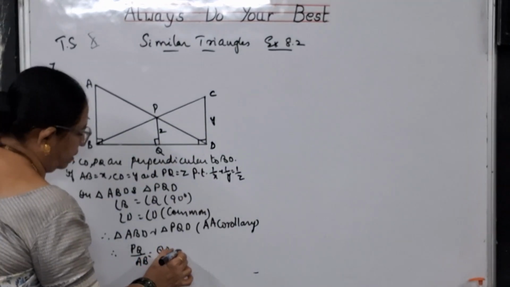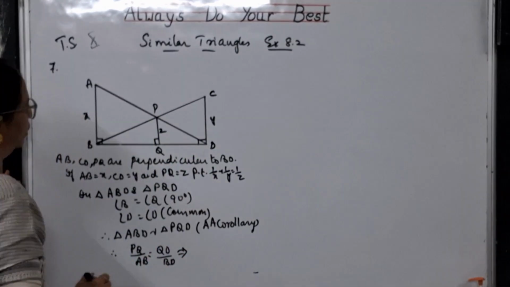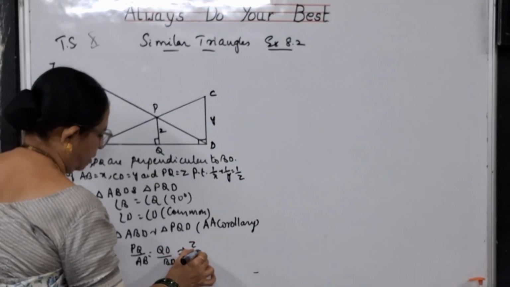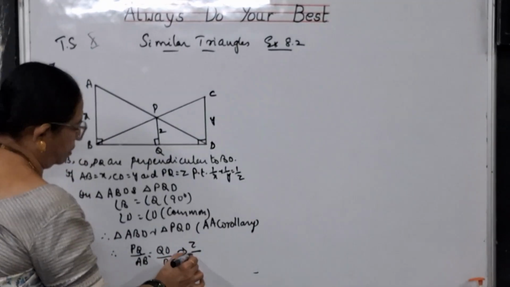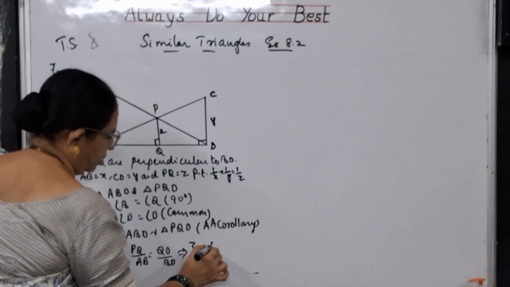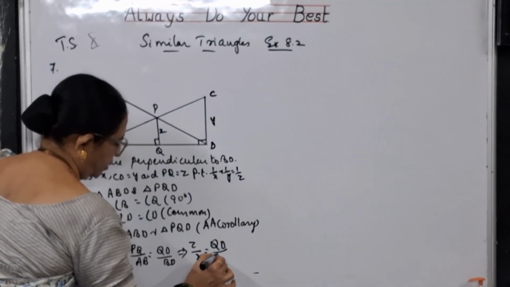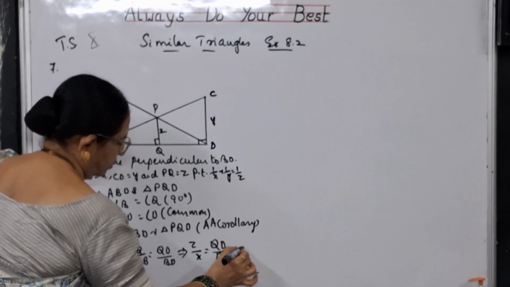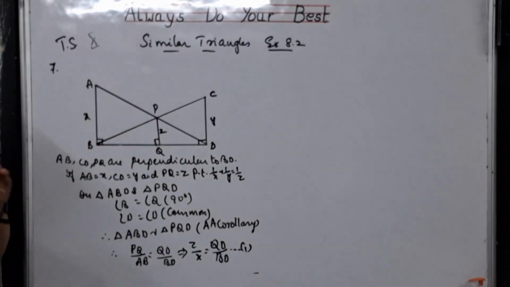What does this imply? PQ is Z by AB is X is equal to QD by BD. Let us consider this as the first equation.